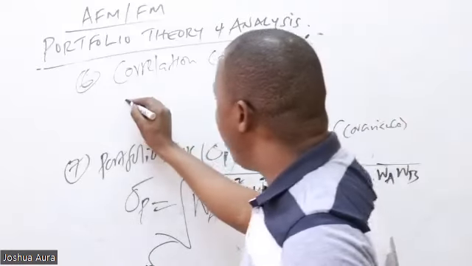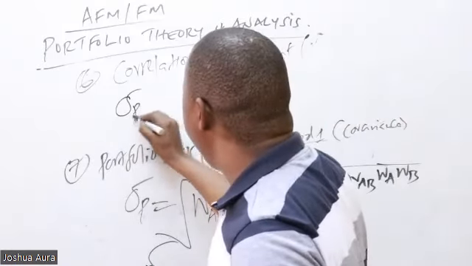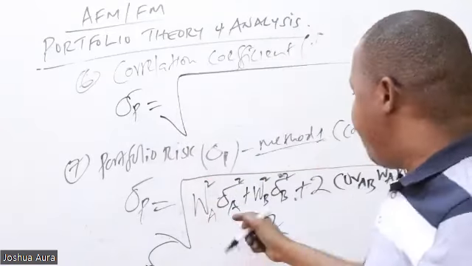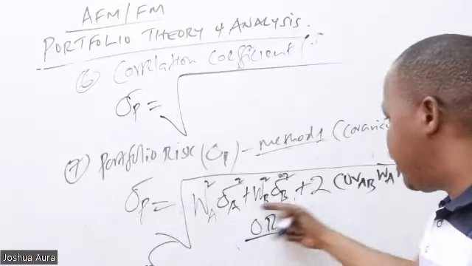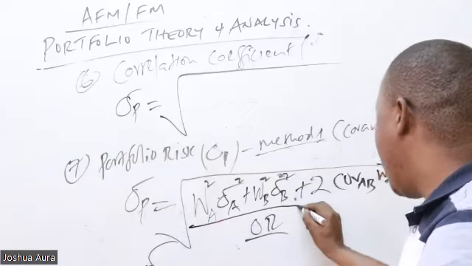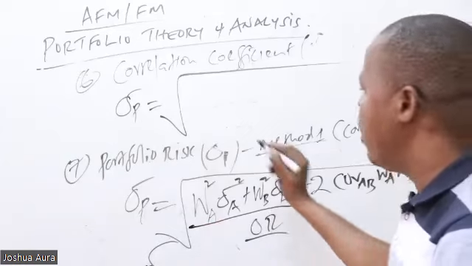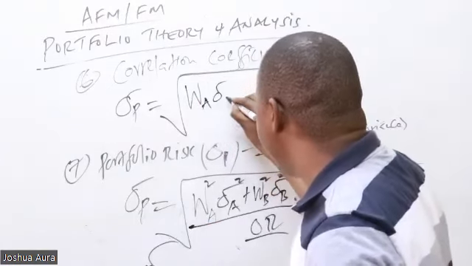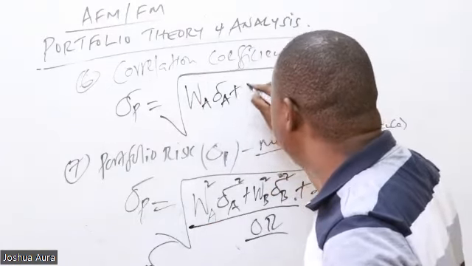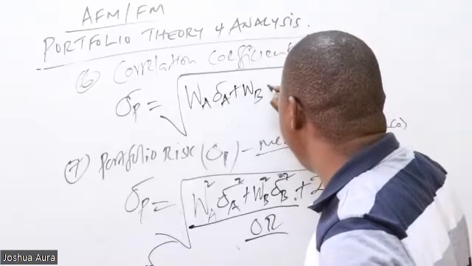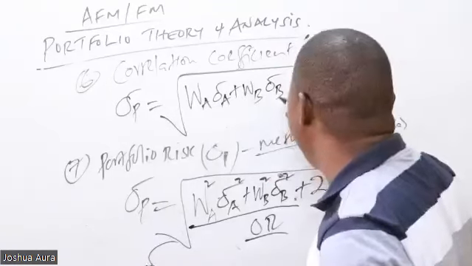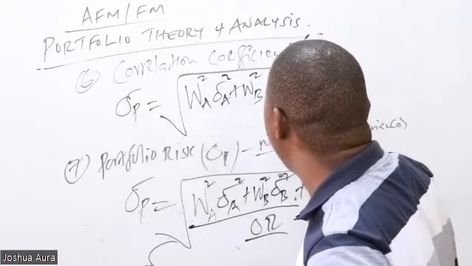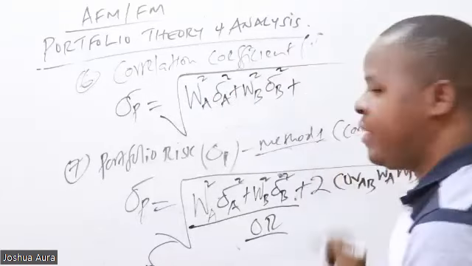So our portfolio risk will be equal to the big square root. The first part will remain; from here to here, you don't change it. So weight of security A, standard deviation of security A, plus weight of security B, standard deviation of security B. Remember to square this, and remember there's a plus.